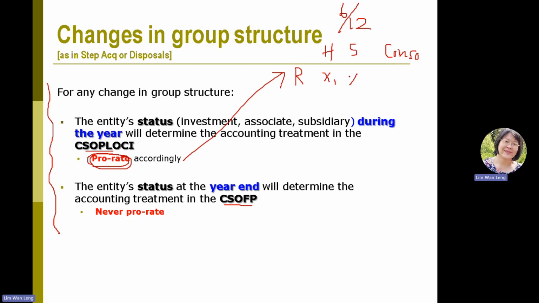Subsidiary's figure, let's say X2. Okay, of this figure, you must only take 6 months out of 12 months to go to the console. Is that understood? Okay, so do not do the same for the console SOFP. If you do the same for the console SOFP, that means you're going to pro rata, and all the figures in the console SOFP will be wrong.